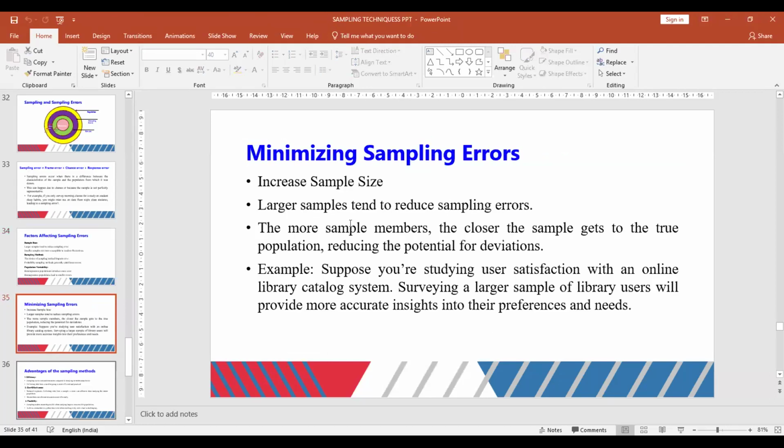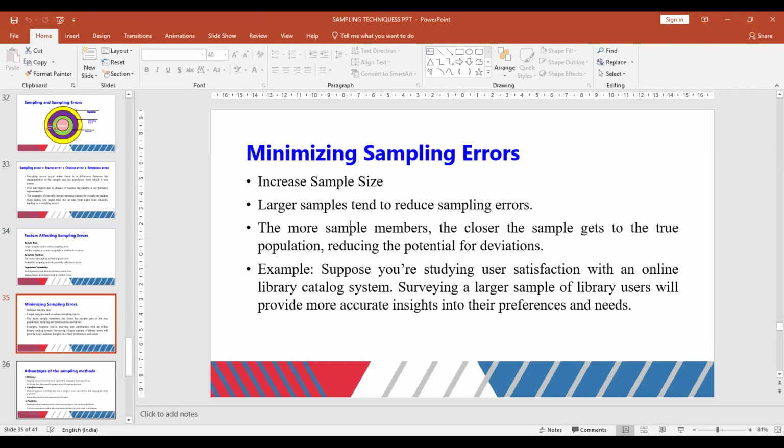Large samples tend to reduce sampling error. So with more sample members, the sample is closer to the population, reducing the potential for deviation.